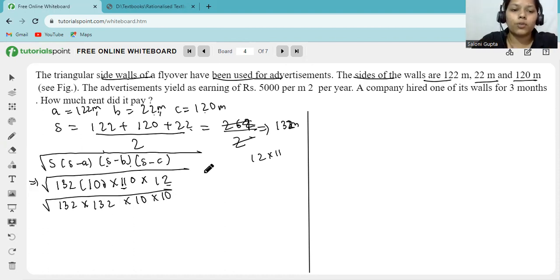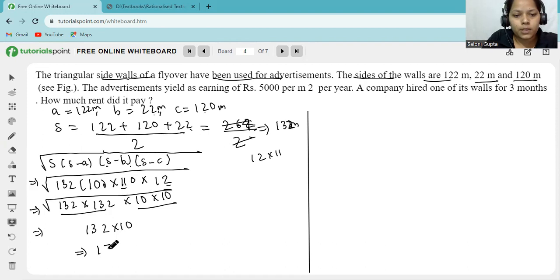This is how we can break. Okay, no need to do this lengthy calculation, just do the smart calculation. So now what you got here, 132 into 132, 1 pair, and 10 into 10. So that means I can take 132 into 10 outside. So my answer is 1320 meter square. Okay, so this is my area.